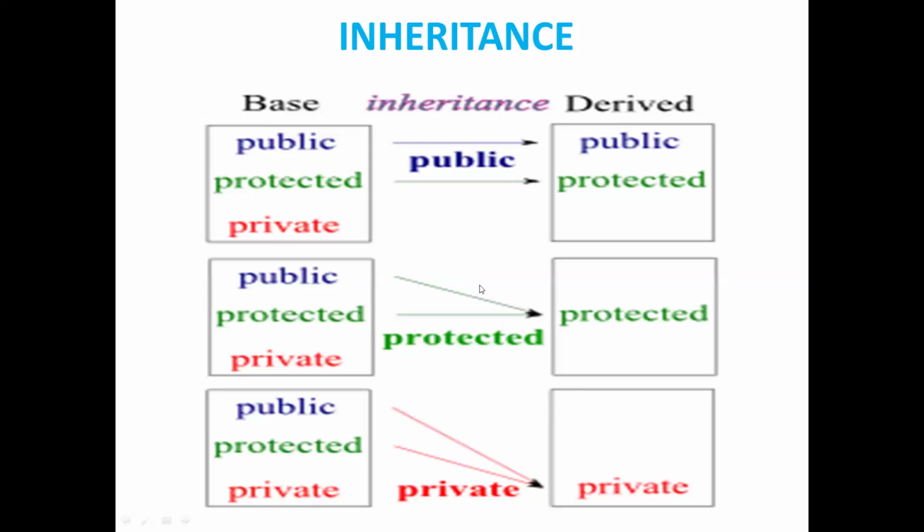So there are three modes of inheritance: public, protected, and private. But in all three modes, the private property of a base class can never be inherited.